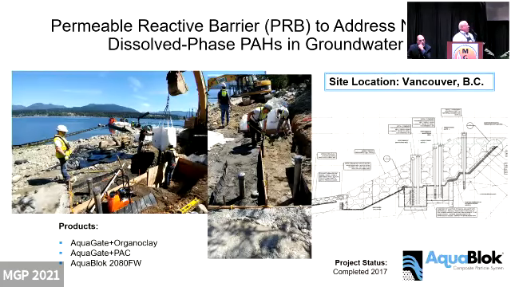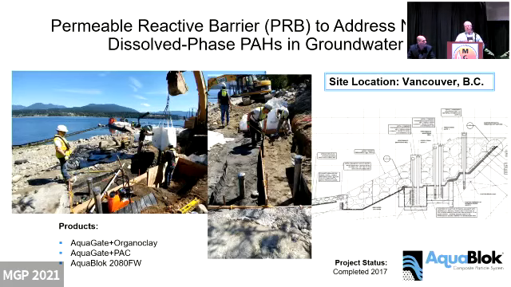Another example of a PRB design was put in, and we supplied the materials. We're not the contractor. We're not doing the actual implementation work. We're supplying the materials, so I always have to clarify that when I say we. But this was an interesting project because two sorptive materials were used as more of a treatment train approach.